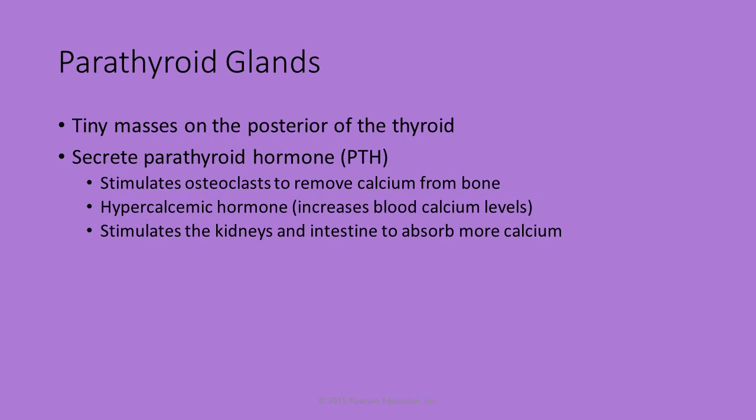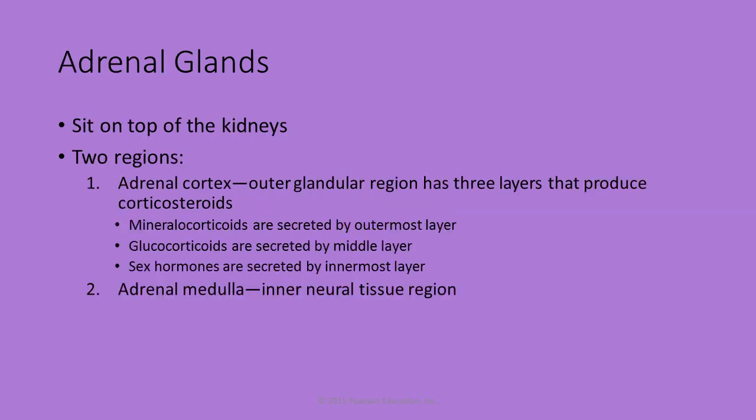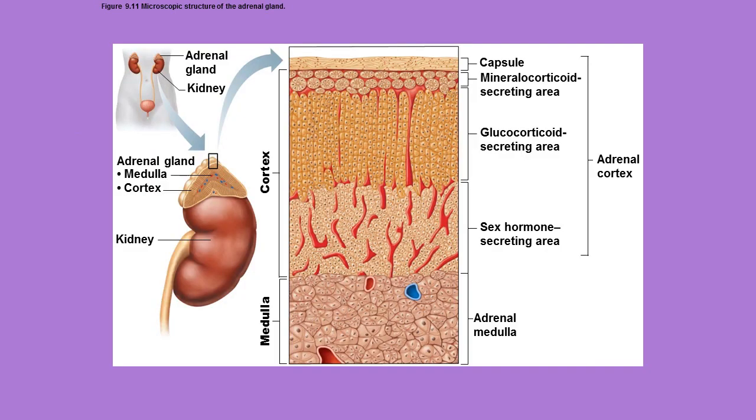Your adrenal glands sit on top of the kidneys. The outer region is called the adrenal cortex that produces your corticosteroids, and then the inner portion of it is the adrenal medulla. You can see here the location of it on top of the kidneys, and then a large cross-section of what the tissue looks like, the cortex versus the medulla.